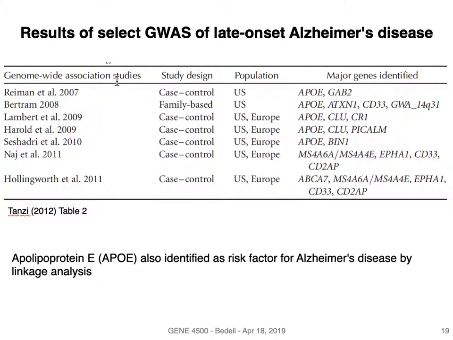ApoE had already been identified by linkage analysis as a risk factor, but it was very encouraging that it was reproduced in these GWAS, along with other genes that probably have smaller effects. As far as I know, ApoE has the largest effect on the risk, in addition to sex and age.